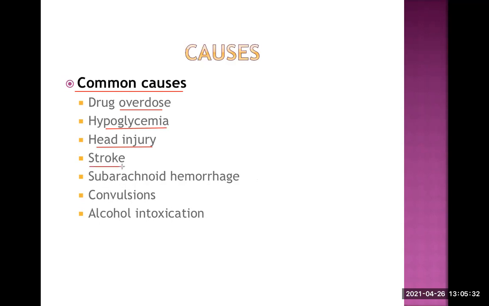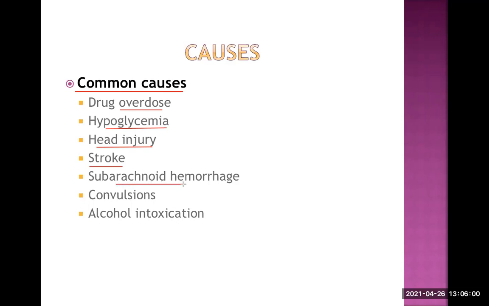Stroke. Now, which stroke is commonly associated with coma? Which type? Is it hemorrhagic stroke or ischemic stroke? Which has more chance of causing coma? It is always the hemorrhagic one. Hemorrhagic stroke is considered more serious than the ischemic one. Okay.